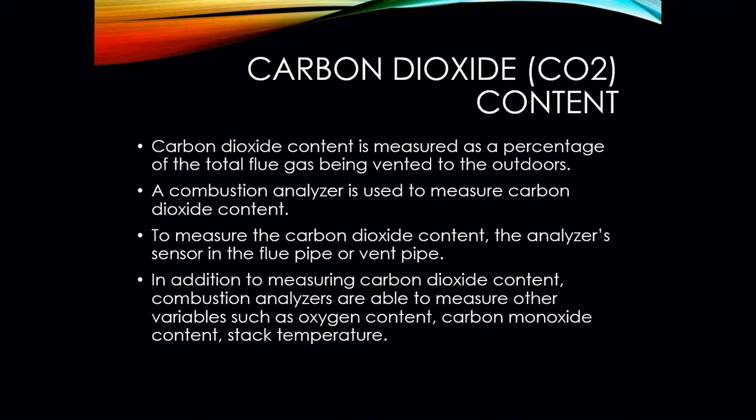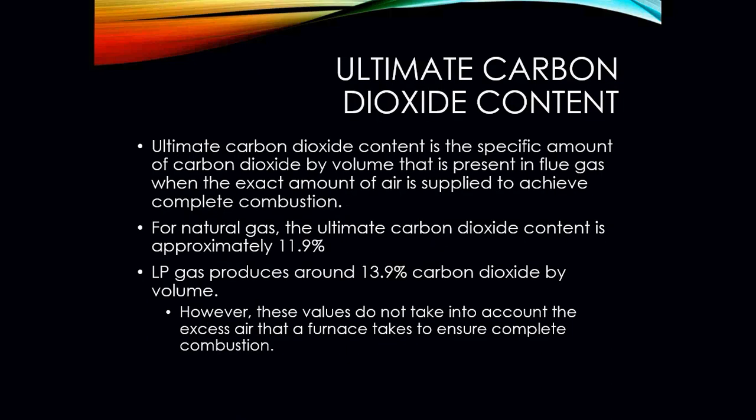In addition to carbon dioxide content, we have to be able to measure other variables such as oxygen, carbon monoxide content, and obviously stack temperature. All three of these play a vital role in figuring out whether or not a gas furnace is operating efficiently.